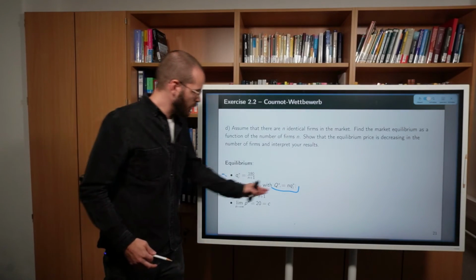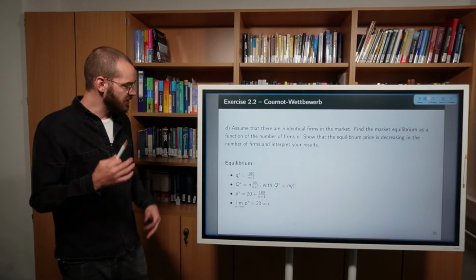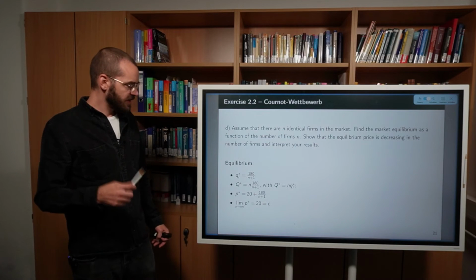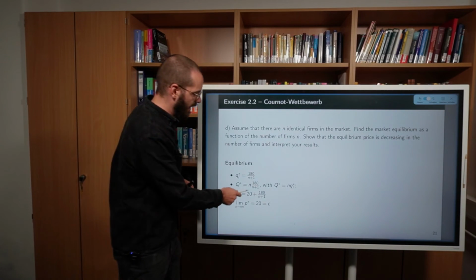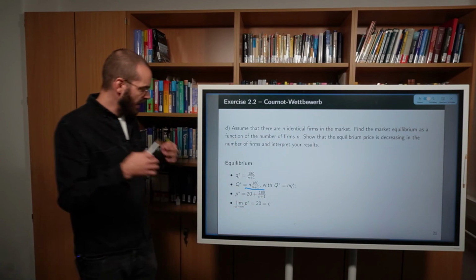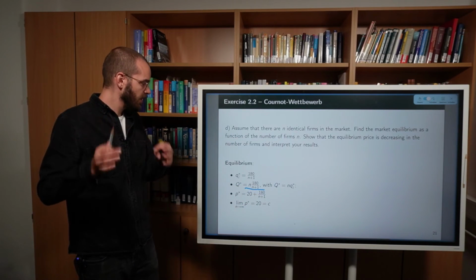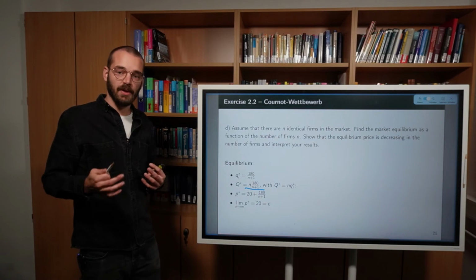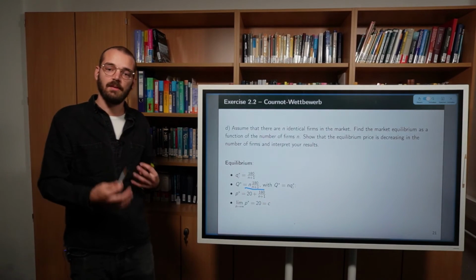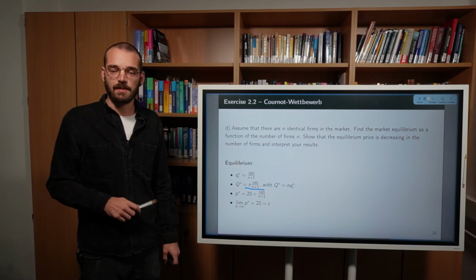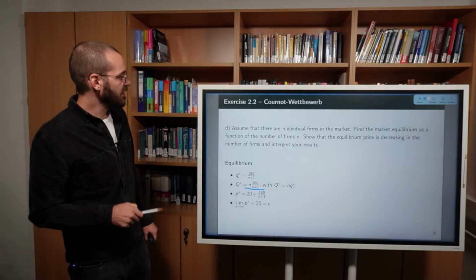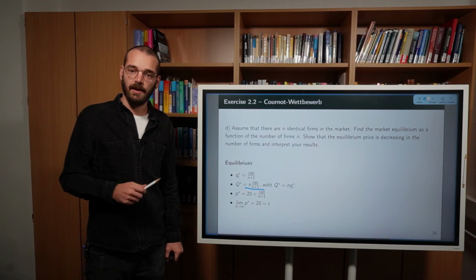Using this total quantity in equilibrium as an expression of n, it reads n times the fraction 180 divided by n plus 1. So we have the total quantity in the market as a function of the number of firms. Using this expression, we can then find the equilibrium price in the market as well.